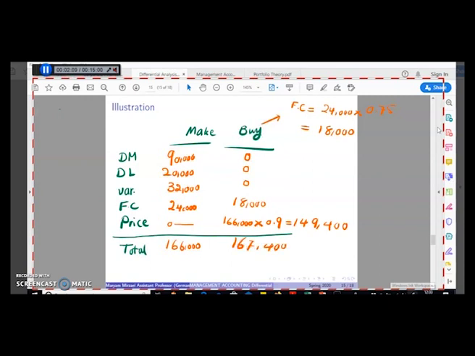167,400. The difference between these two will help me to make the decision. So the difference is 1,400. Okay, so it means that if I buy it directly, I will have a cost of $1,400 more than making the products in my company.